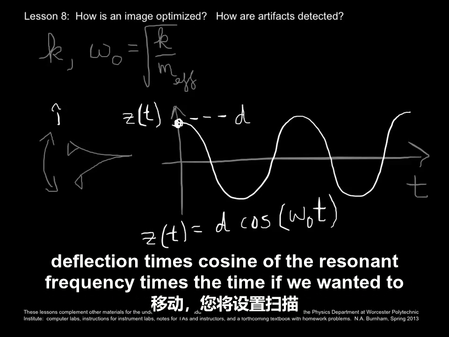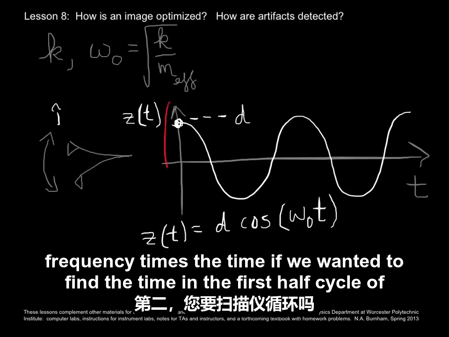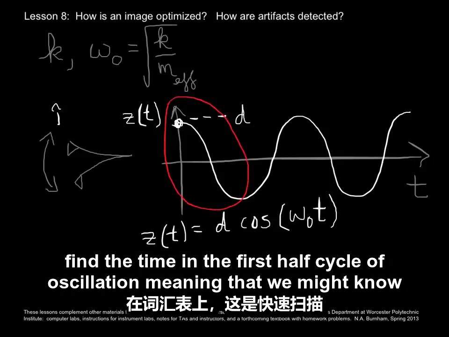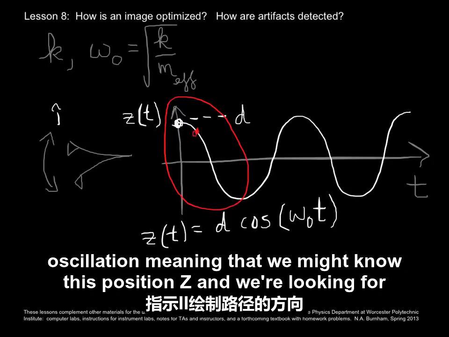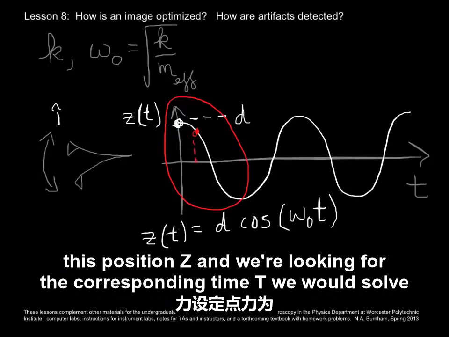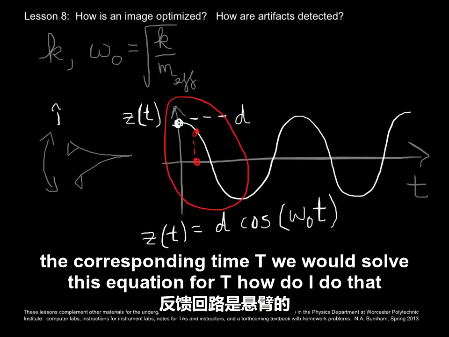If we wanted to find the time in the first half cycle of oscillation, meaning that we might know this position z, and we're looking for the corresponding time t, we would solve this equation for t.